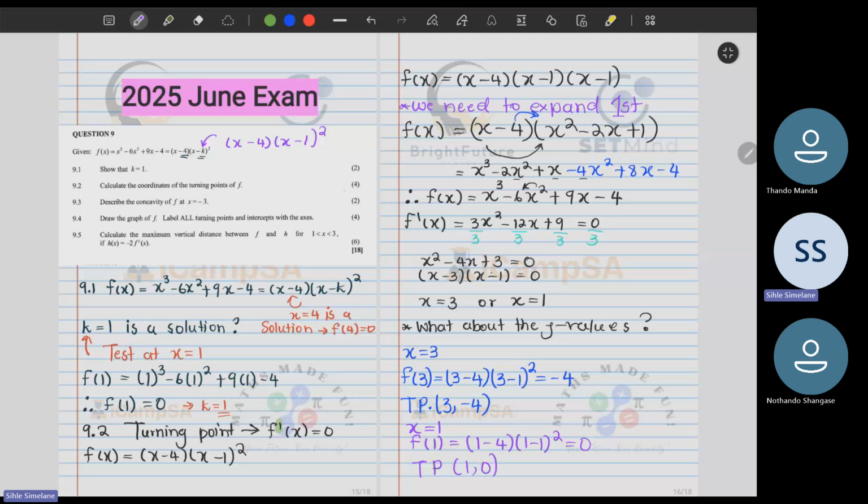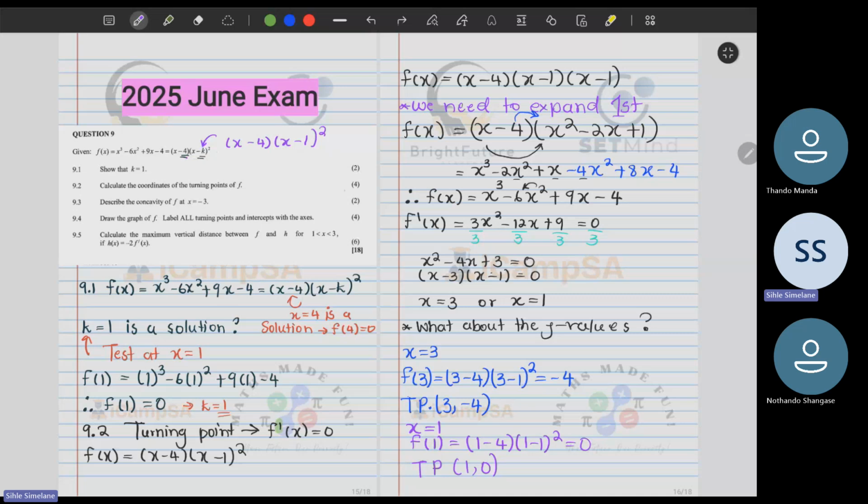And remember, once you have repeated roots, guys, it means that you are going to have a turning point at that root. Or let's say if you have a factor that is appearing twice, like it is a square, at that factor, you are also going to have a turning point. Okay, that is all what it means. So we have found our turning points.